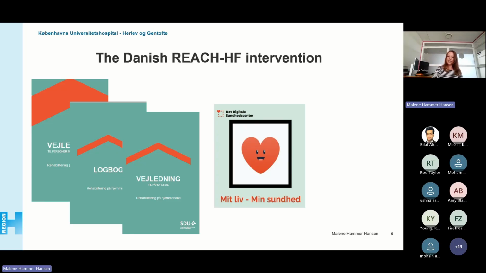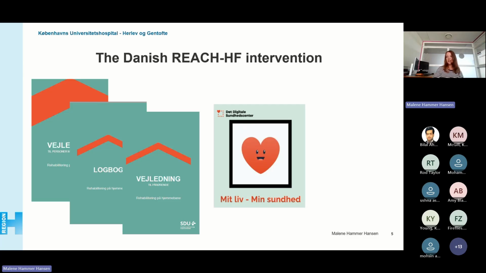So again, the overall aim was the same as conventional cardiac rehabilitation, to help patients better understand and manage their heart failure. And over the 12-week program, participants worked through different topics together with a trained facilitator. And these included topics such as understanding heart failure, symptom monitoring, self-care, physical activity, and psychological or emotional well-being.